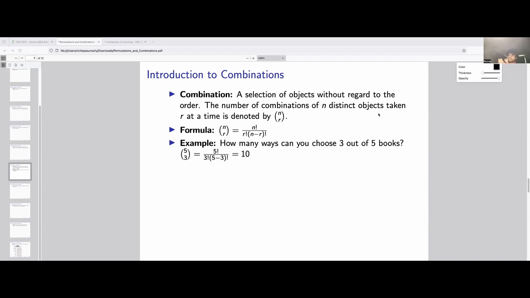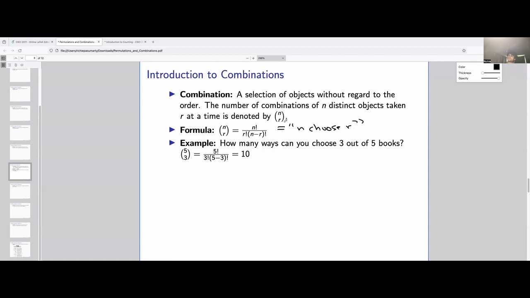In this case, I do not care what order I choose them in. I don't care at all about that. So the number of ways I do this is given by this formula right here. This formula is n choose r. Okay, so in English I say it like this: n choose r. Why? Because I'm choosing r things from n things.